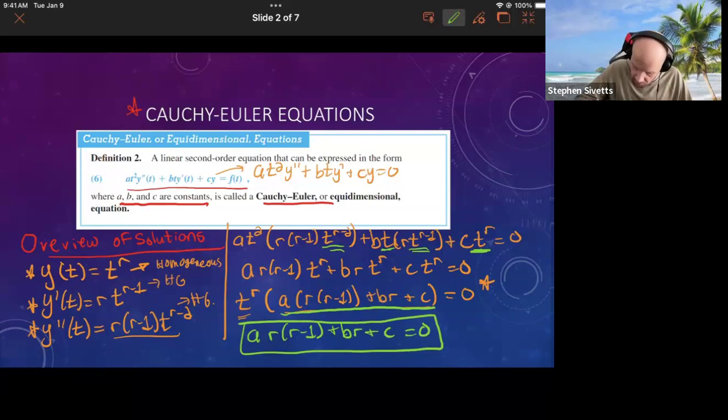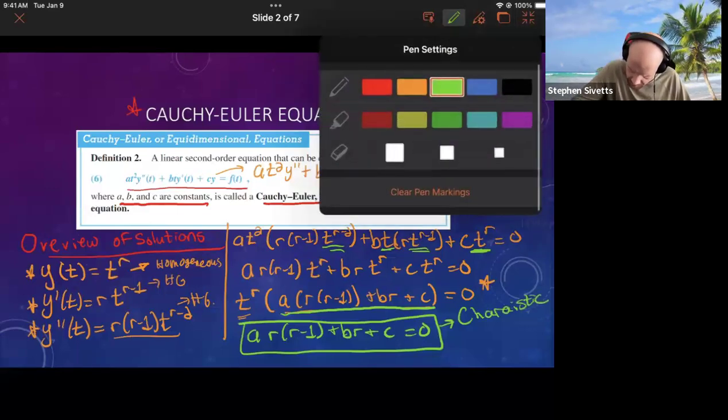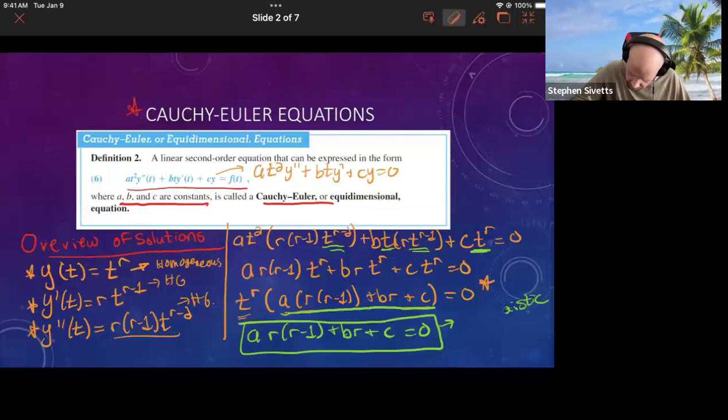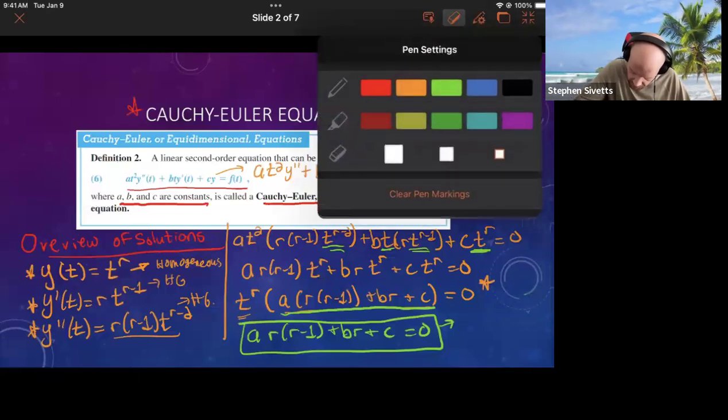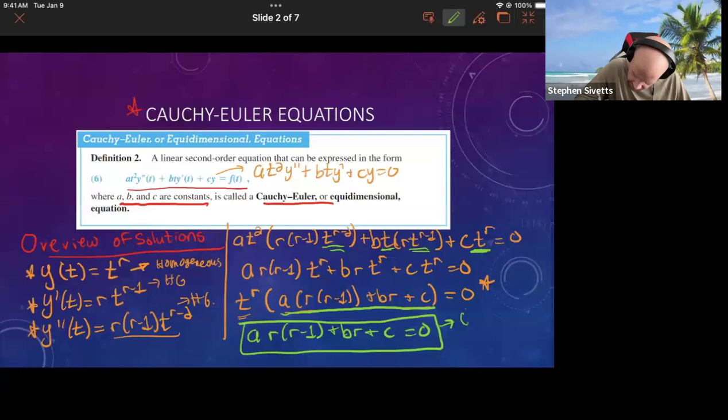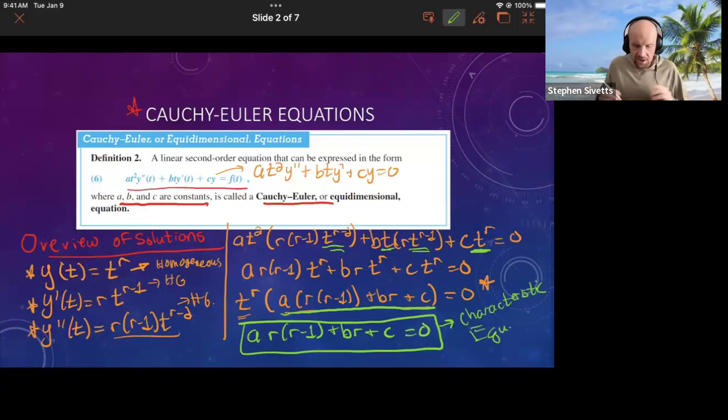This is the characteristic equation that we're going to be using here.